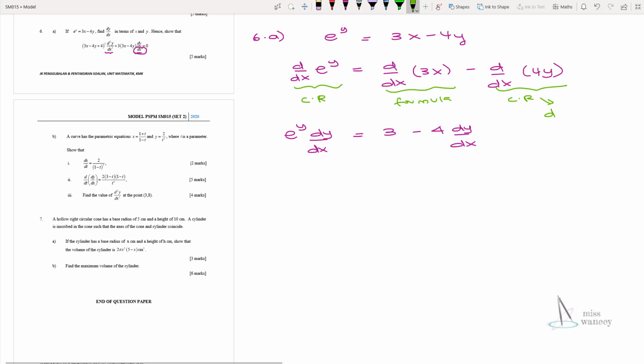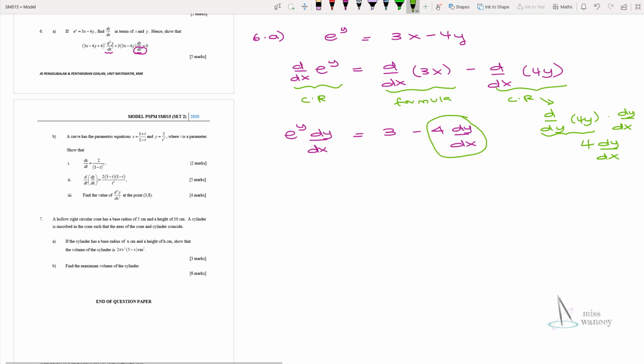This one is going to be d over dy of 4y multiply with dy over dx. So that when you cancel out dy and dy, you're going to get d over dx of 4y again. And then differentiating 4y with respect to y, that is simply 4. And then you're going to times them with dy over dx. So that is how we get negative 4 dy over dx.